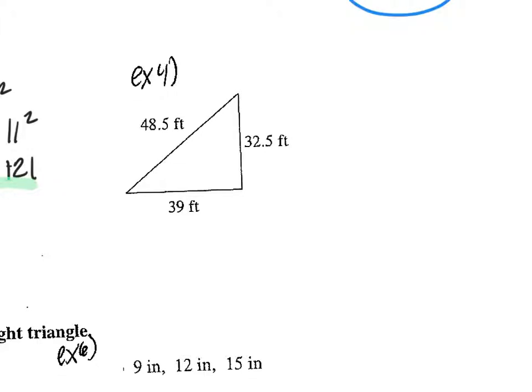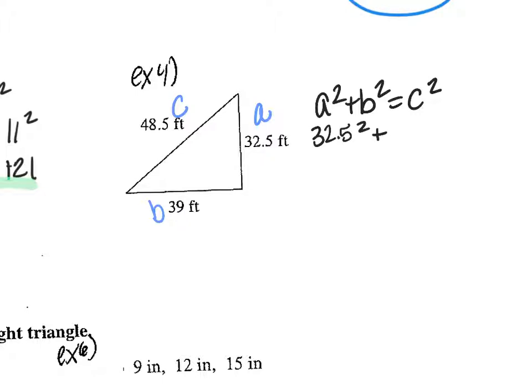Example 4, nothing weird. I'm just going to label them A, B, and C. A squared plus B squared equals C squared. So 32.5 squared plus 39 squared equals 48.5 squared. Okay, so let's see what this is first.